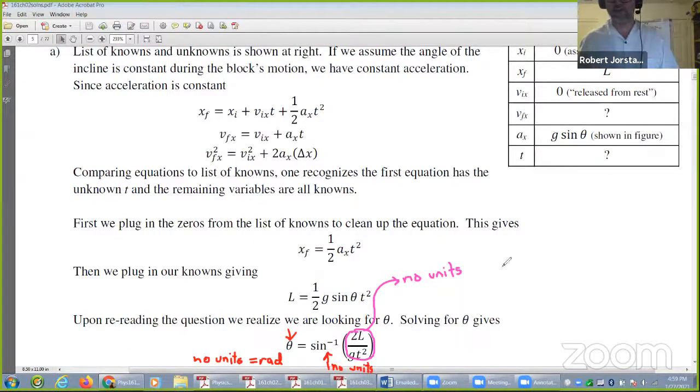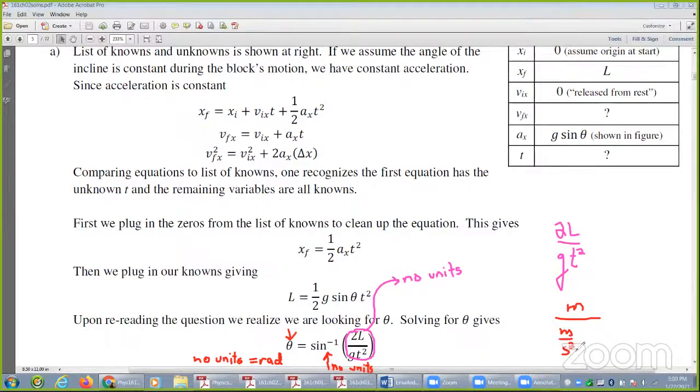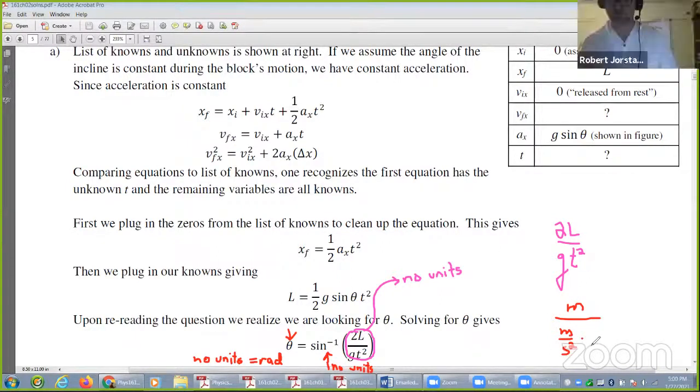All right, so now we have 2L over g t squared. We're told it should be no units. Let's see if it is. What are the units on top? Meters. The 2 has no units, so it just sits there. And then we got what? Meters per second squared times seconds squared.